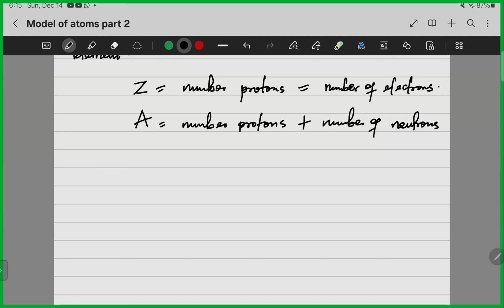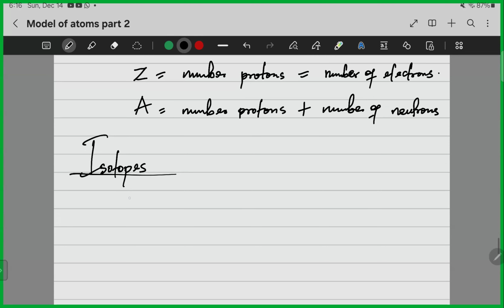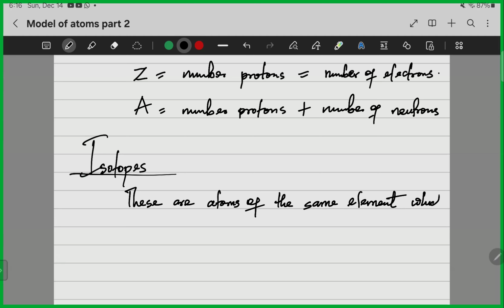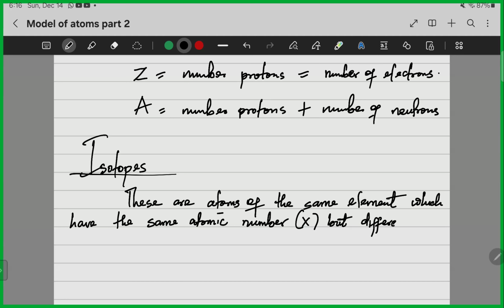Now let's talk about something briefly before we call it a day. Isotopes. Isotopes are atoms of the same element which have the same atomic number but different mass number.